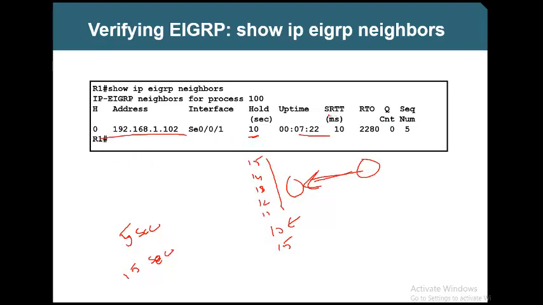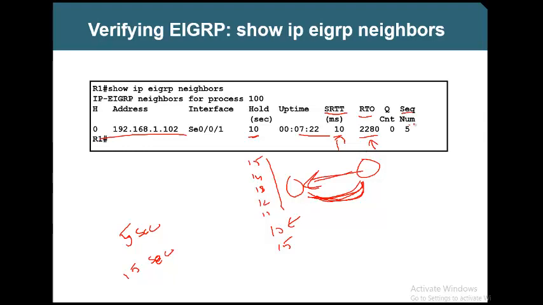And this is the smooth round trip time, in milliseconds. For these two to send and receive a packet, the smooth round trip takes 10 milliseconds. This is also something related to that, maybe this is the maximum and this is the minimum.